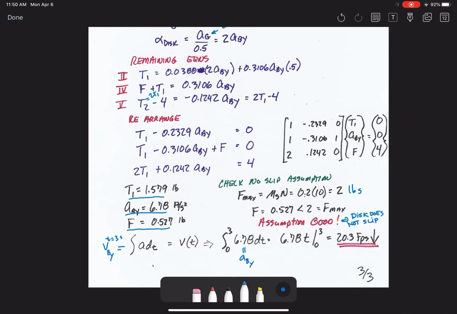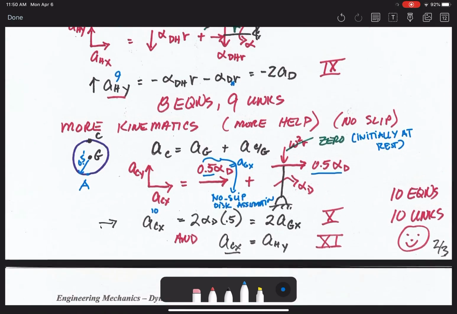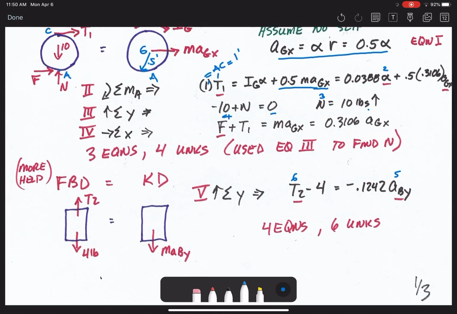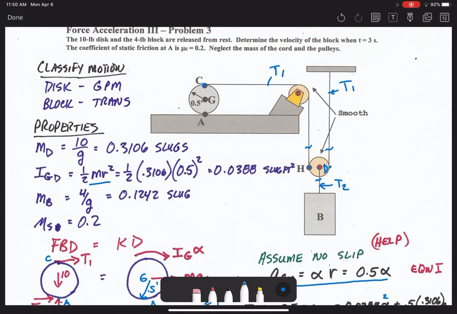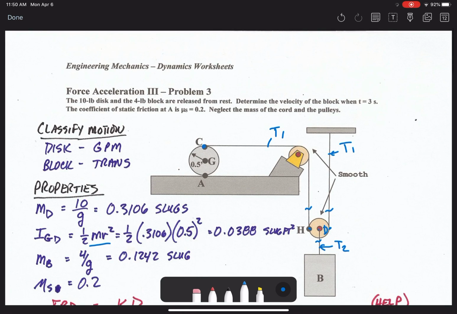And you can see it's a very long problem. If you master all of the concepts in this problem, I'm very confident that you will be able to tackle any force acceleration problem in this class. There tend to be more unknowns than the number of equations.